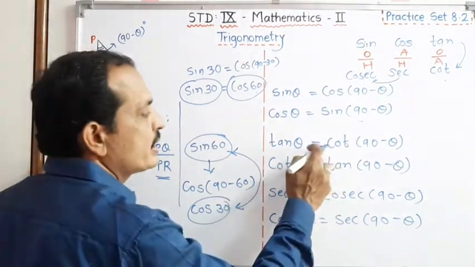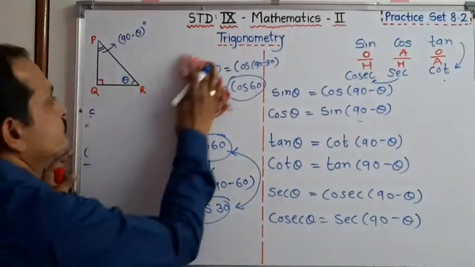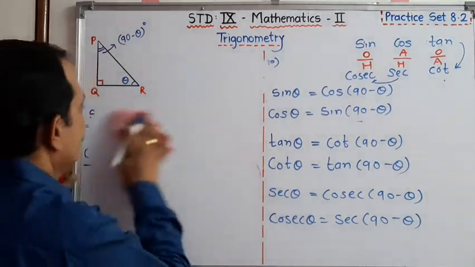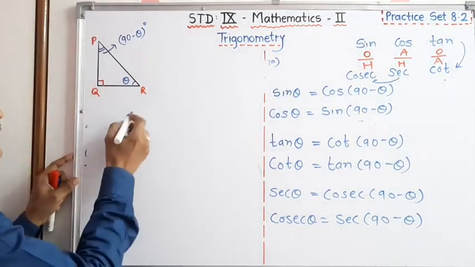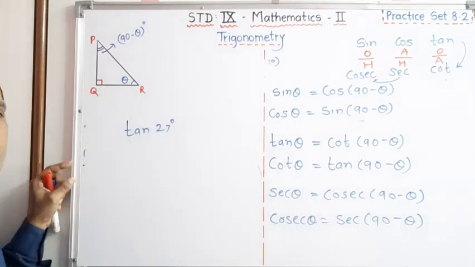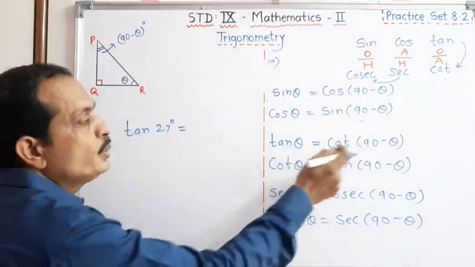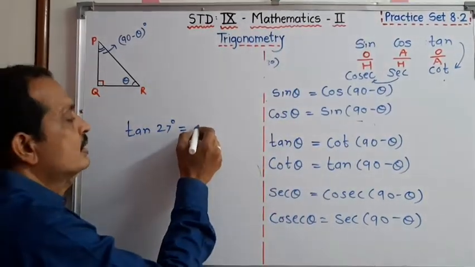Same relation we can write between tan and cot. Got it? If I write tan 27 degree, then tan 27 degree we can convert into cot 90 minus theta.